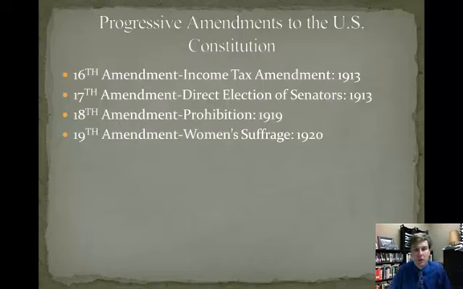The 18th Amendment is a prohibition amendment, so no alcohol being manufactured, consumed, or distributed in the United States until later, after the 1930s. And then, of course, the 19th Amendment, which was the women's suffrage amendment. So now women have the right to vote after the 19th Amendment.